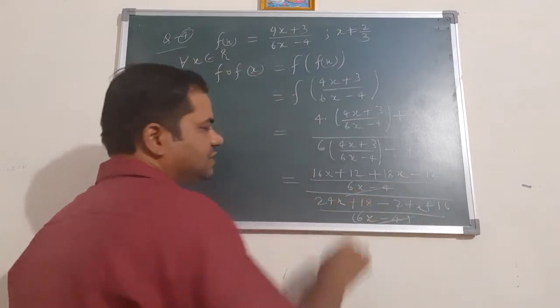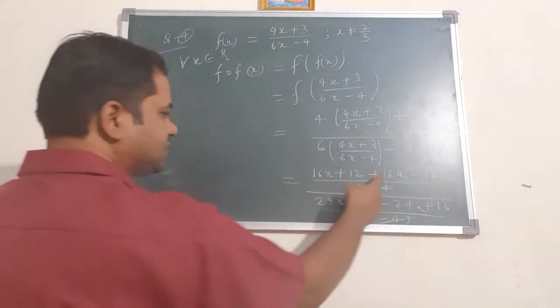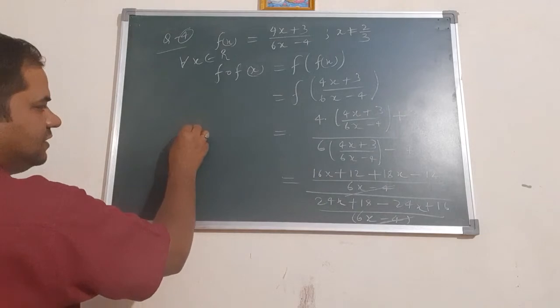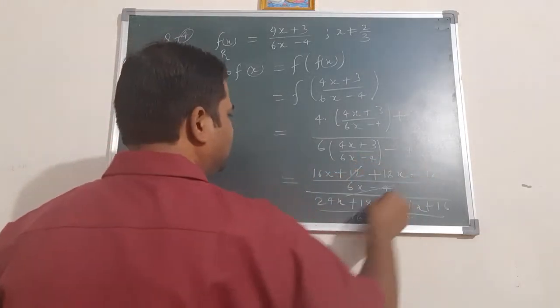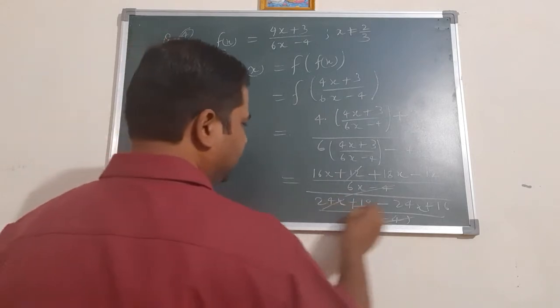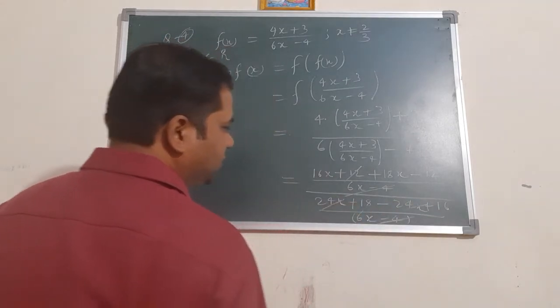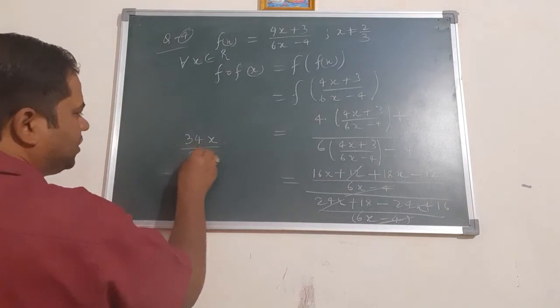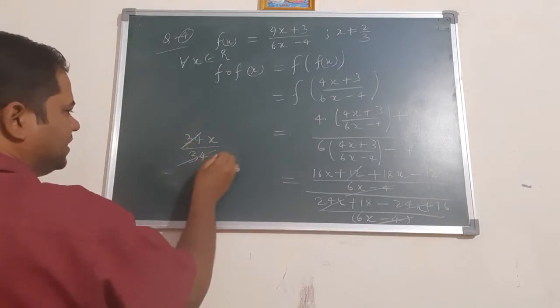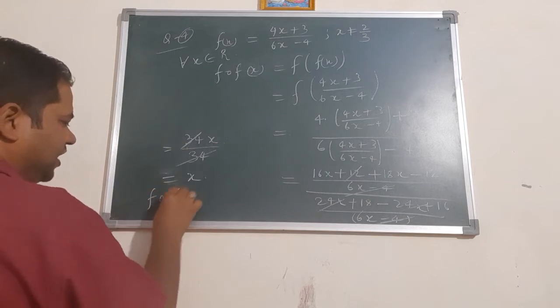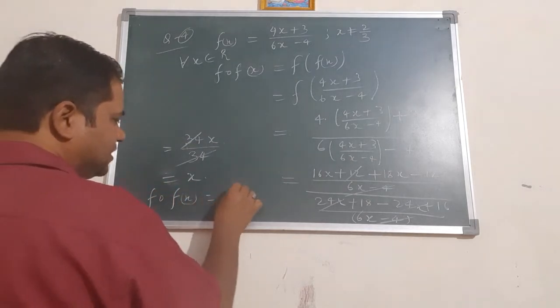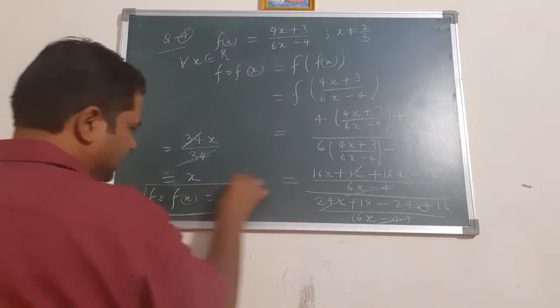So this one is cancelled out, and this is 16x plus 18x, 34x. 12 cancelled out, and divided by 24 cancelled out, 18 plus 16 upon 34. So this is cancelled out, x. So what you see, f composition f of x is nothing but x.